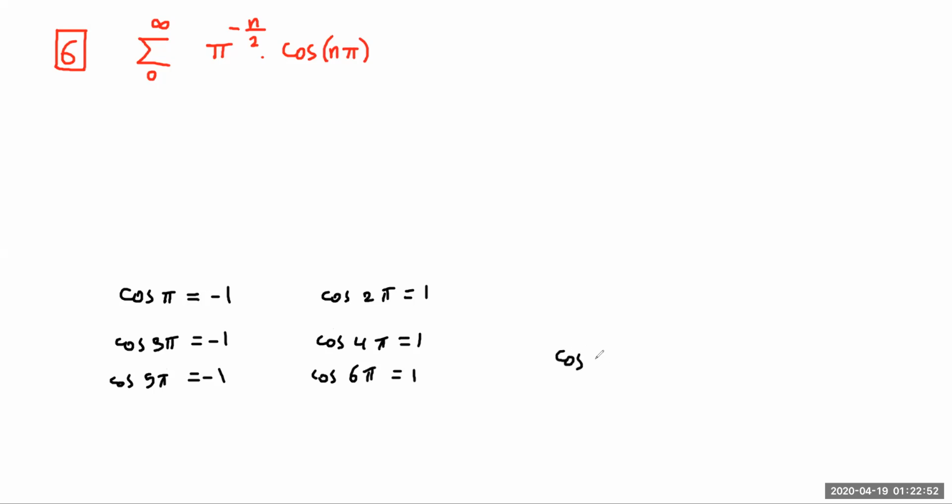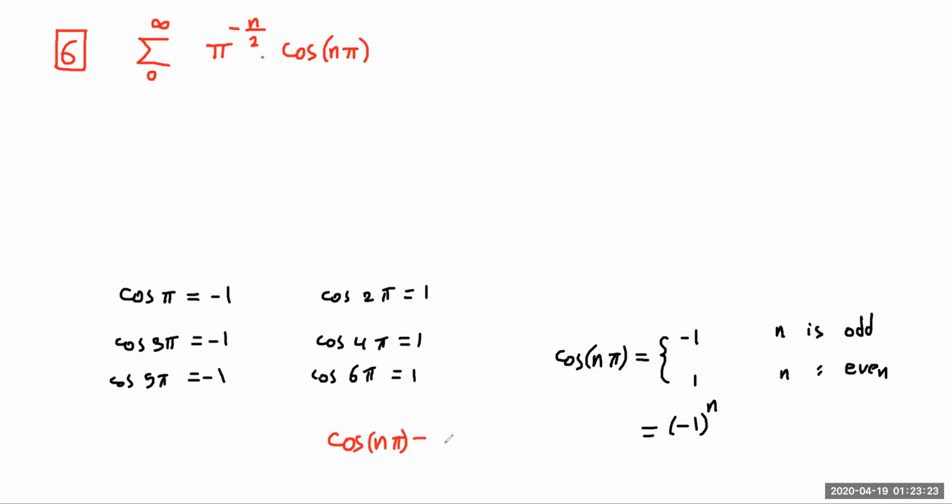So cosine n pi will be equal to minus 1 if n is an odd number and 1 if n is an even number. So this is equal also to minus 1 power n. So we have here a rule that cosine n pi equals minus 1 power n.